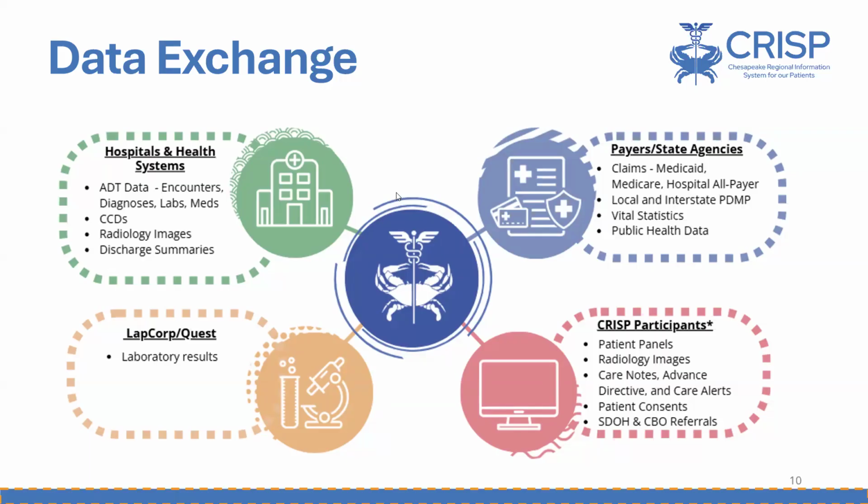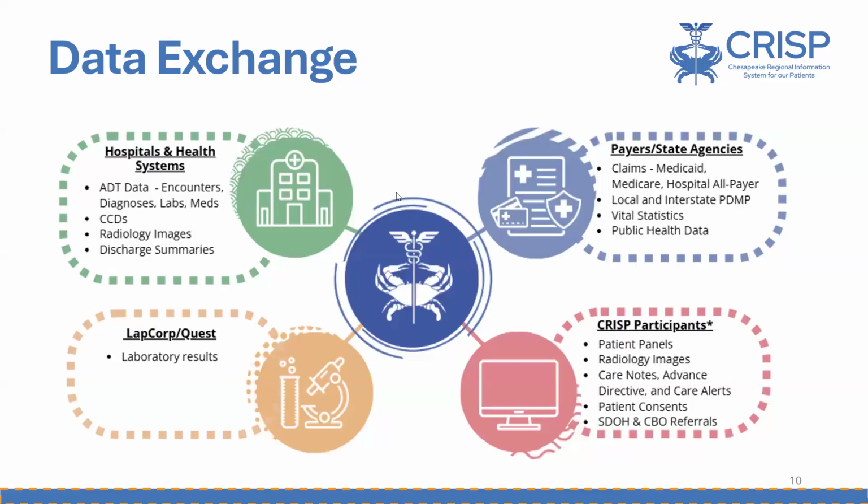We work with the state of Maryland to receive claims information, so all Medicaid, all Medicare, and hospital all payer information. We also work with the state and serve as the PDMP for Maryland. We receive public health data, vital statistic data from our state partners as well.